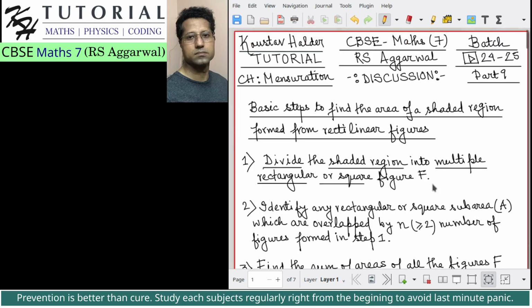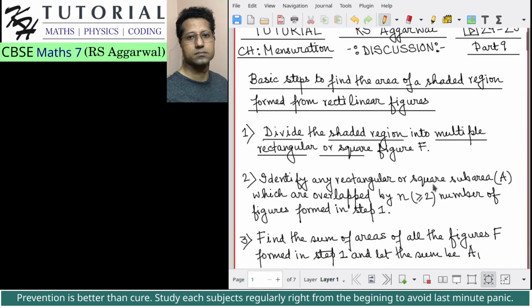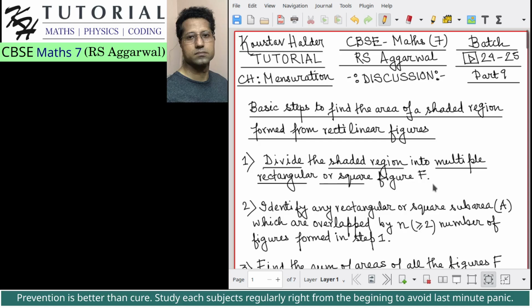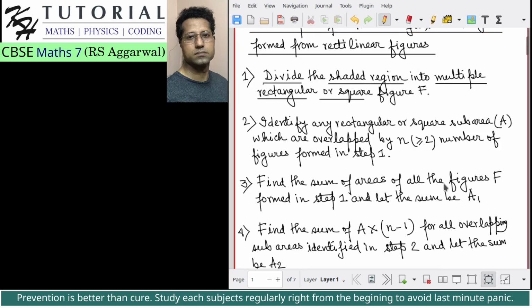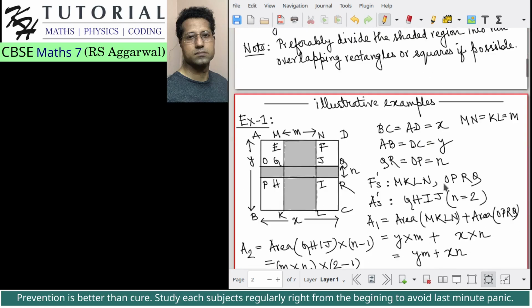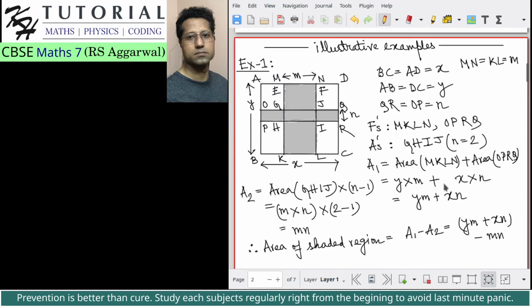I hope this video was beneficial in understanding and applying the concept of how to find the area of a shaded region which can be decomposed into rectangles and squares using methods 1 and 2, that is, either directly dividing the shaded region into rectangles and finding the area, or identifying the unshaded region, finding its area and subtracting it from the area of the enclosing rectangle.